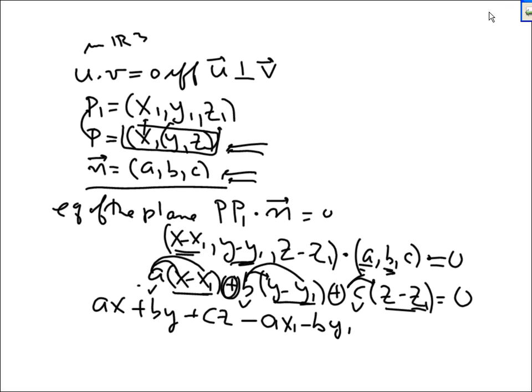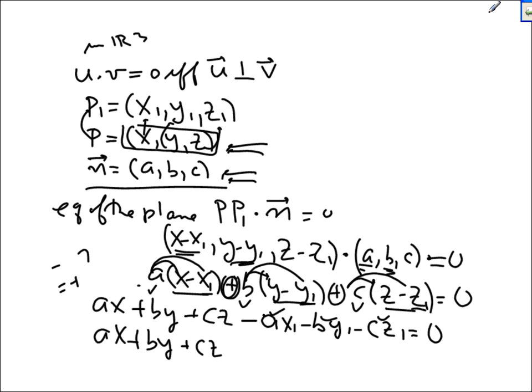And we have minus C z1, which is a real number. So this is Ax plus By plus Cz. And when you keep taking away three numbers, say you took away 7, that's the same as adding negative 7, or you took away negative 7, that's the same as just adding 7.